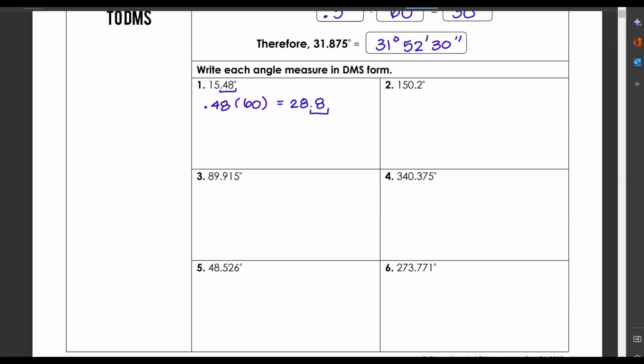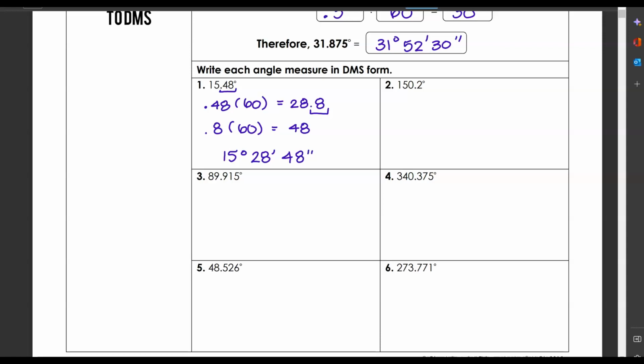Now we take the next decimal, 0.8, and we multiply that by 60. That gives us 48. So then that 48 is now the seconds left over. So we're going to have 15 degrees, 28 minutes and 48 seconds.